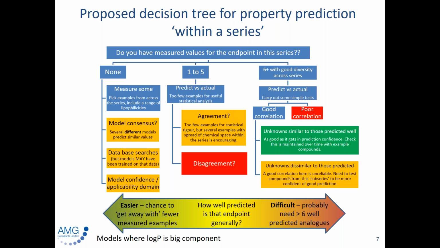You could also look through databases like ChEMBL for compounds that are similar to the ones that you've got, which have experimental values, and of course look for alignment between the model and those compounds that have experimental values. You perhaps need to be a little bit cautious, or aware at least, that those models, if they're in the public domain, may have used some of that data to train those models.